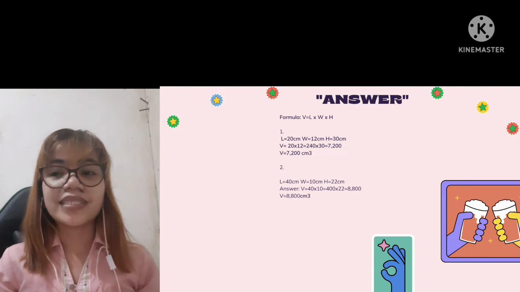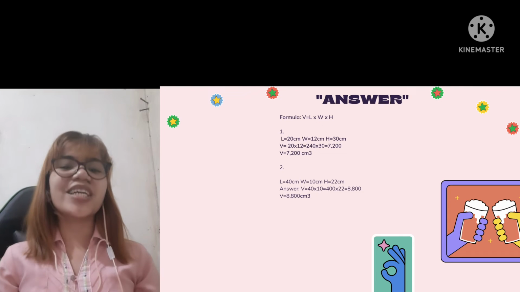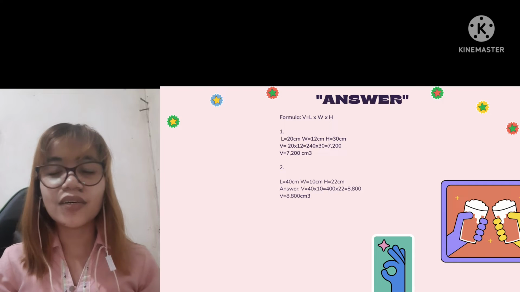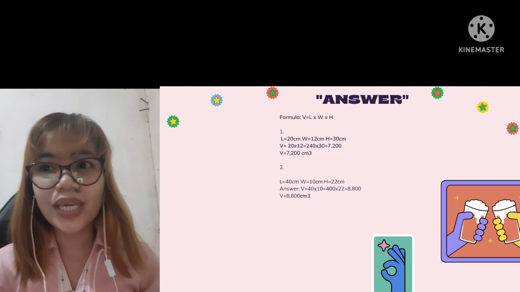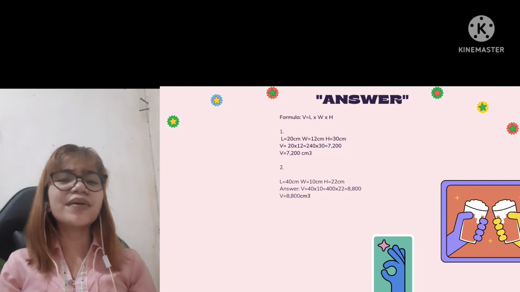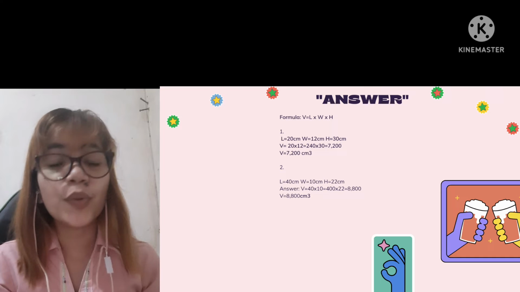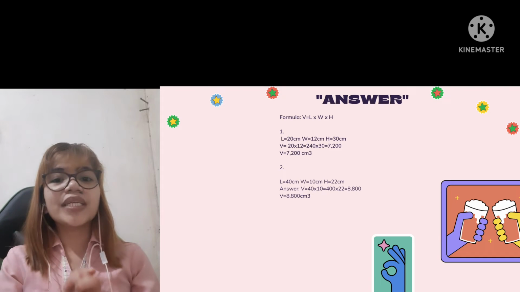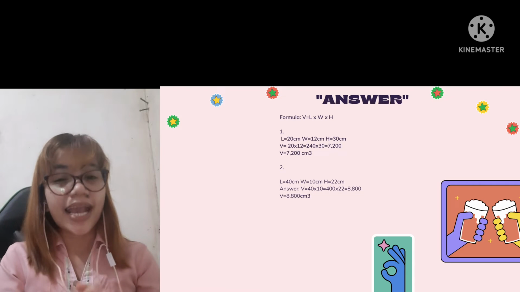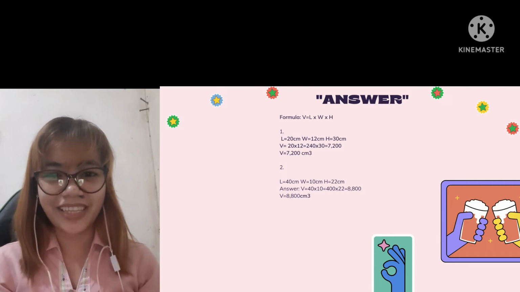So now, since the height is 22, we should multiply 400 times 22 equals how many? Okay, very good. 8,800. So now, we already know that the volume of the shoebox is 8,800 cubic centimeter.